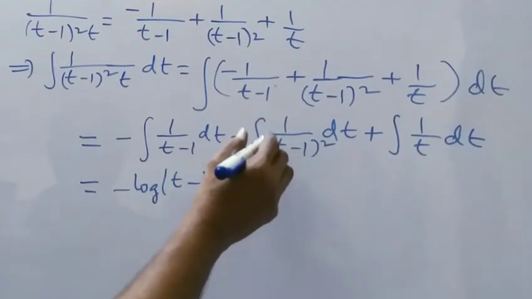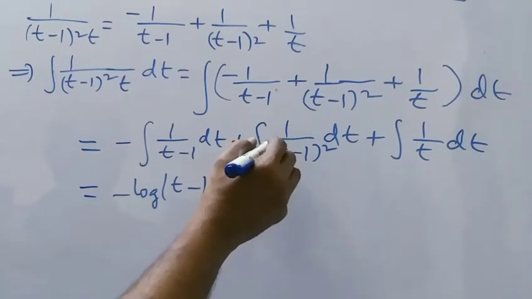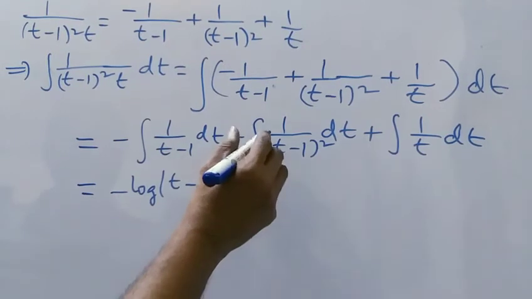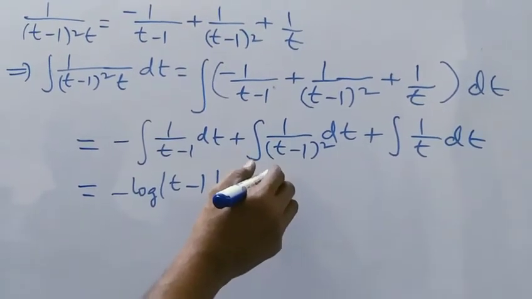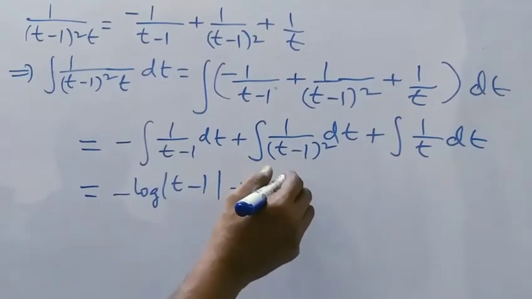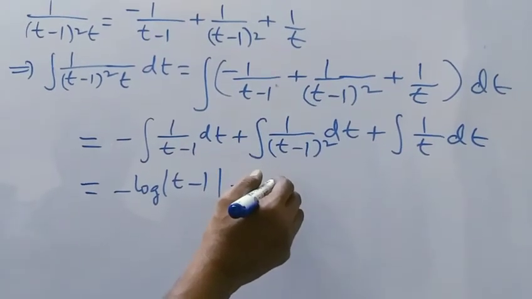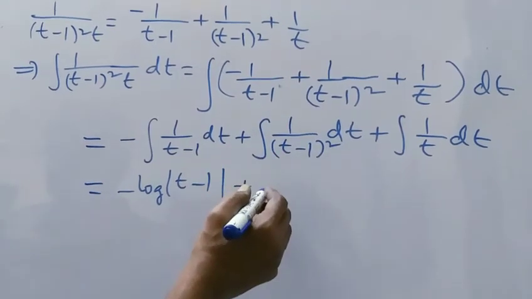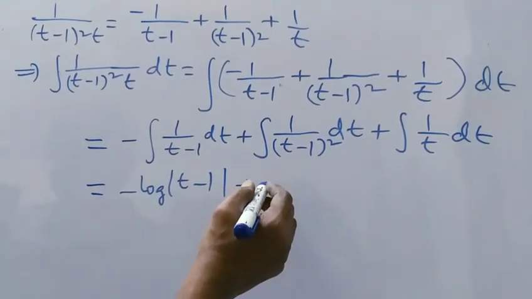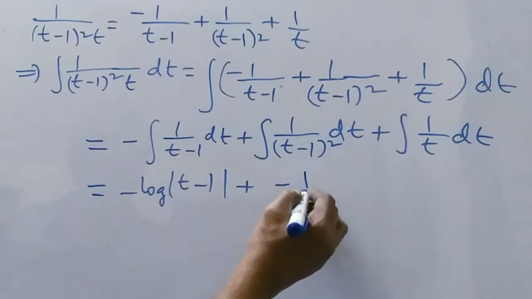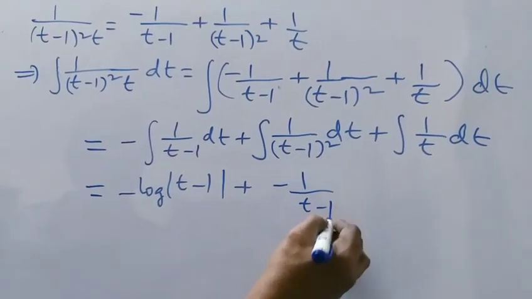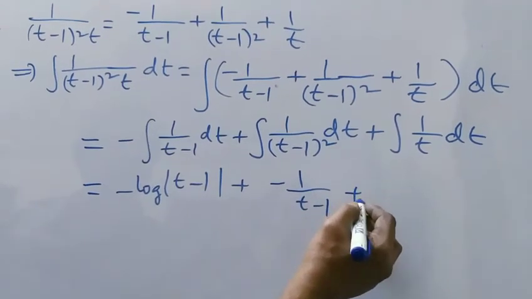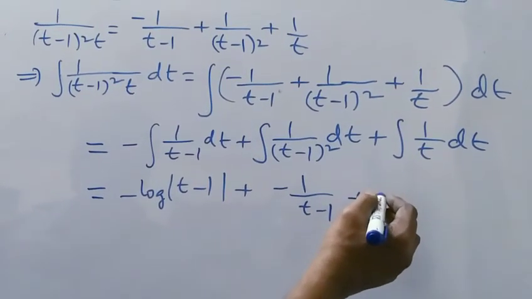It seems to be integral of (t minus 1) to the power of minus 2. By the basic formula from integration, integral of x to the power of n dx is equal to x to the power of n plus 1 by n plus 1 plus c, where n is not equal to minus 1. According to that, it becomes minus 1 by (t minus 1) plus integral of 1 by t dt.